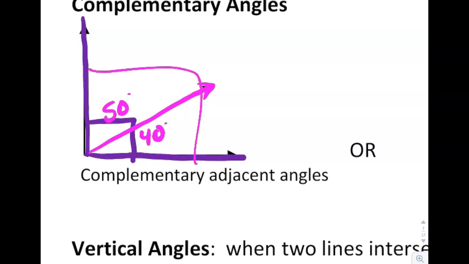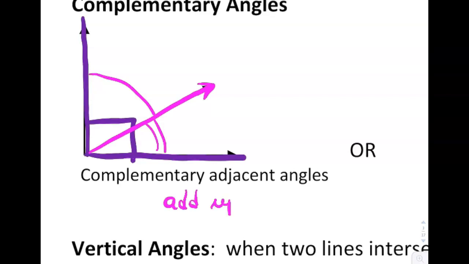Because the whole thing has to be 90. It wouldn't have to be 40 and 50, maybe it was 60 and 30, maybe it was 89 and 1, maybe it was 45 and 45. But this angle and this angle are complementary. So complementary angles add up to 90 degrees.